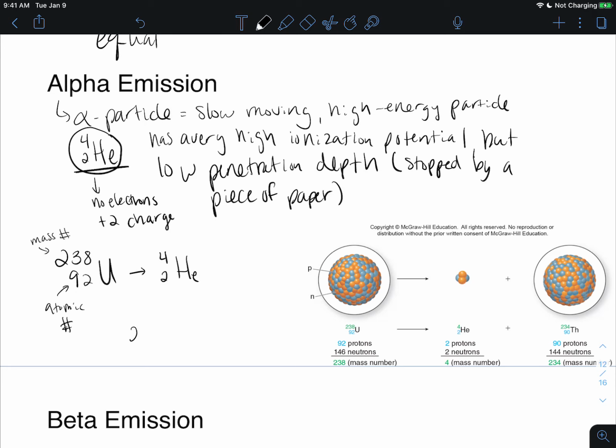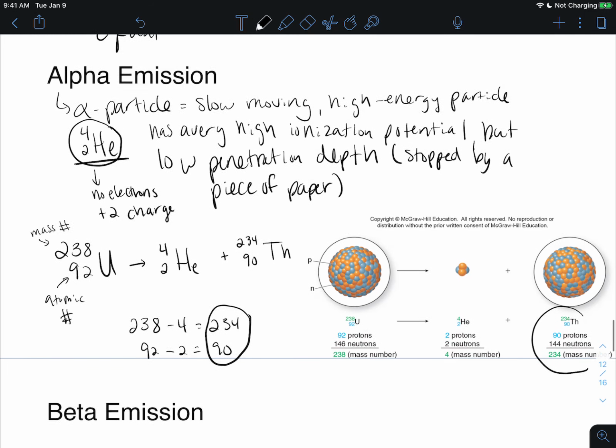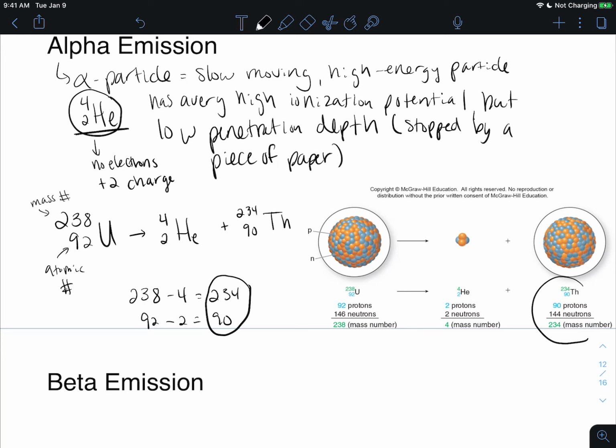So we need to take 238 minus 4, which gives us 234. And then we need to take 92 minus 2, which gives us 90. And this is going to be the mass number and the atomic number for our new species, 234 over 90. And if we look on our periodic table, 90 is thorium, as we see right over here.